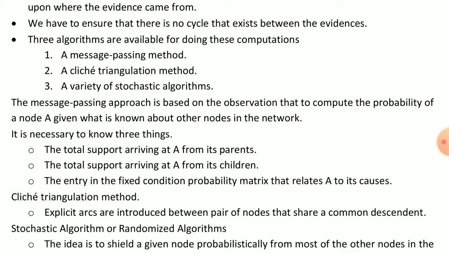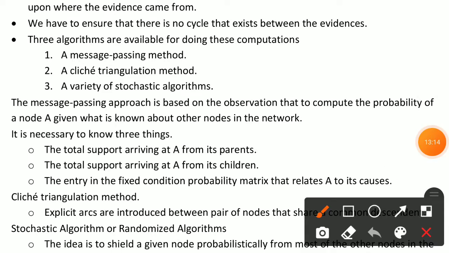And it is necessary to know three things. First is the total support arriving at capital A from its parents. Second is the total support arriving at capital A from its children. We can find out the answer: parent nodes, then child nodes, okay.